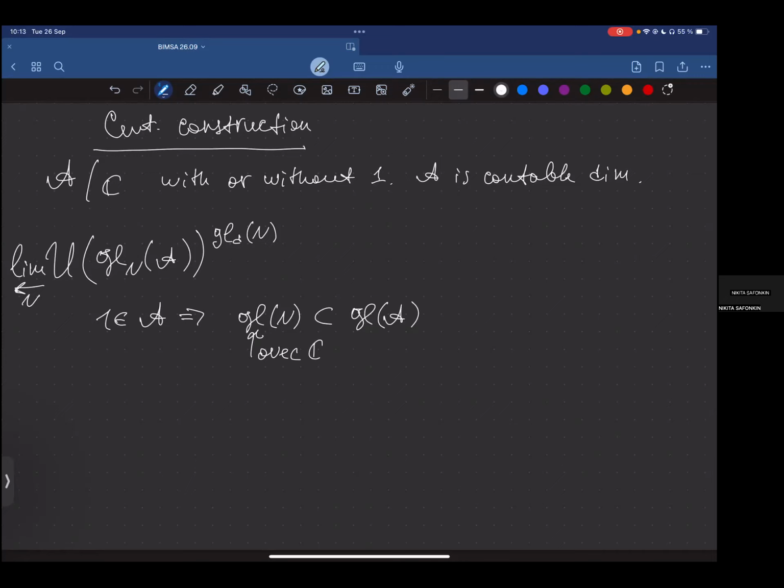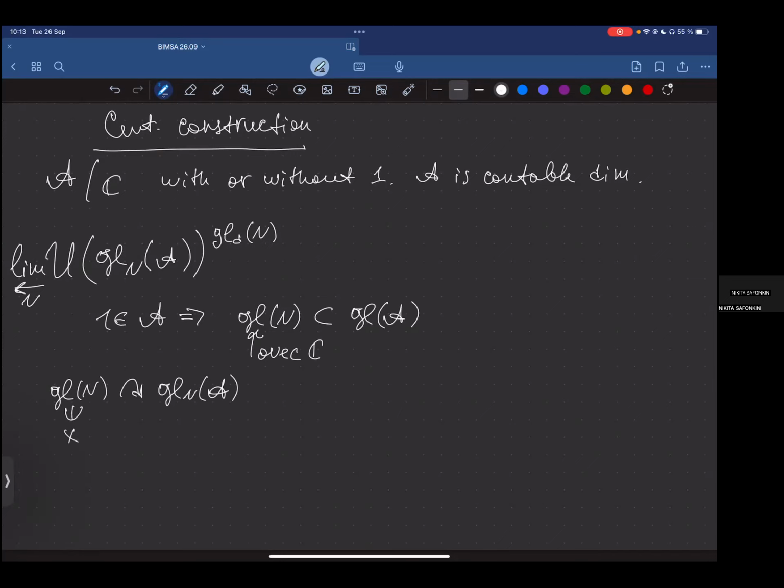Then we have an action of GL_N on this GL_N of A, which is just the commutator. But in fact, let me write this action down explicitly.